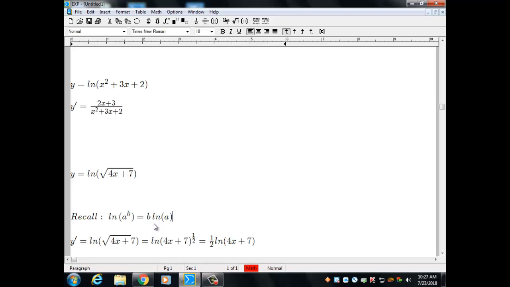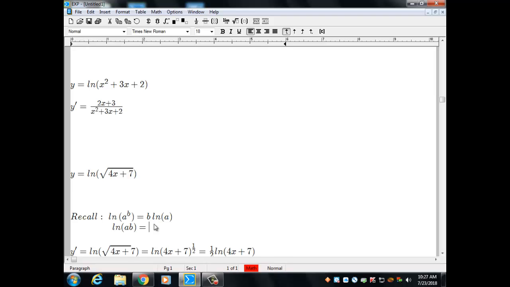All right. Most people don't remember that. I also will go ahead and throw in, now that we're talking about it, to also recall that ln a times b is equal to the ln of a plus the ln of b.